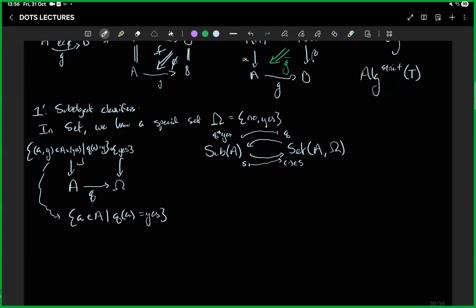Okay. And those two things, in fact, give a bijection. And not just a bijection, in fact if we order no less than yes, then this will be a bijection, an isomorphism of these orderings. Hold on, I won't quite get there.